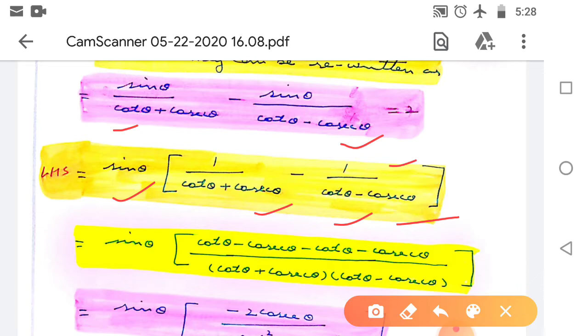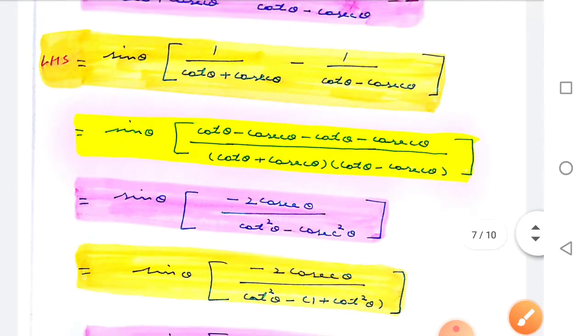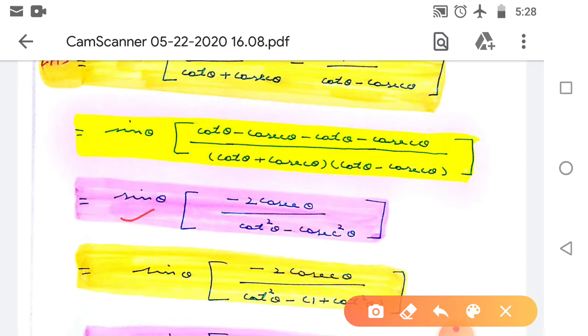Now, take the LCM as (cot theta plus cosec theta) into (cot theta minus cosec theta), and this is your numerator, and finally, the numerator is, this is the common sin theta and this minus cot theta and plus cot theta gone. So, ultimately 2 cosec theta upon (cot square theta minus cosec square theta), right.